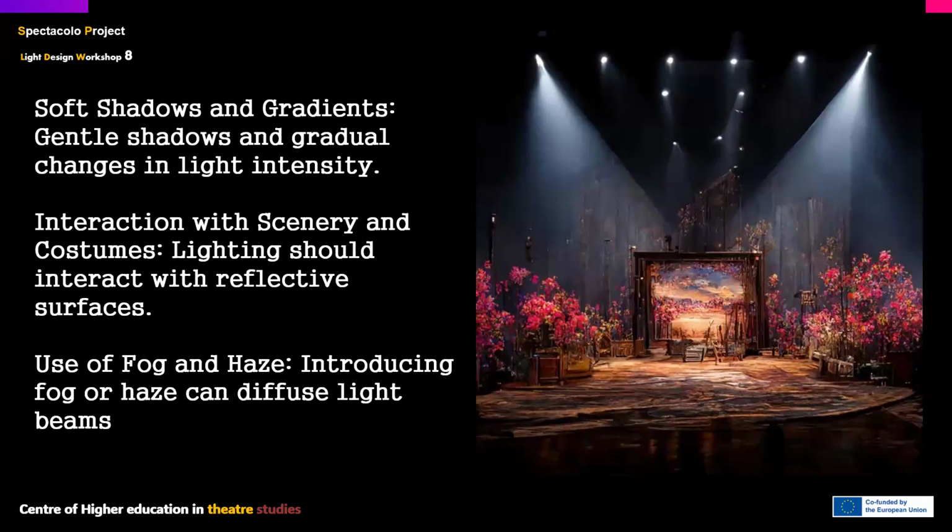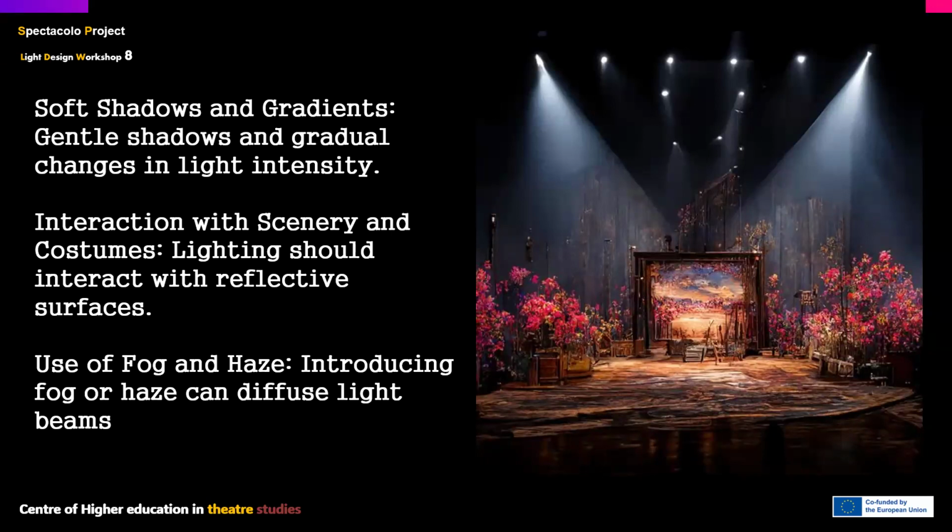Also, the faces of the actors. Lighting should interact with reflective surfaces, iridescent materials, or translucent elements in the scenery and costumes to enhance the magical feel. This can make elements glow and shimmer.